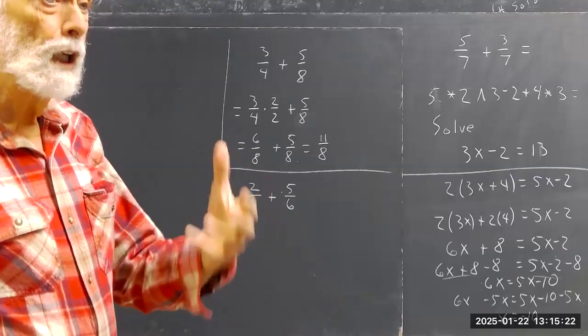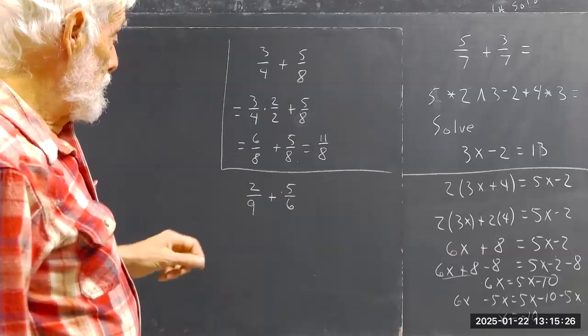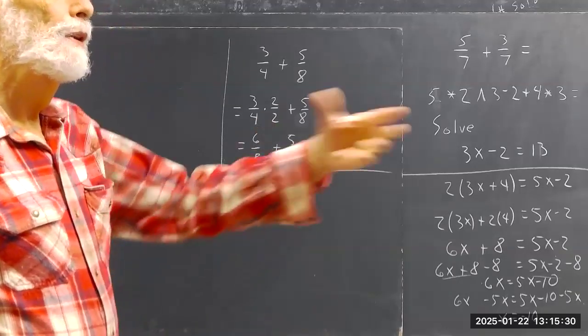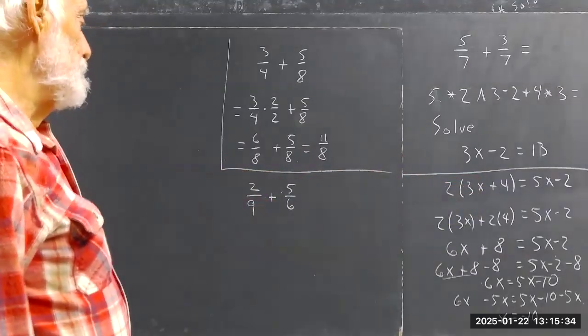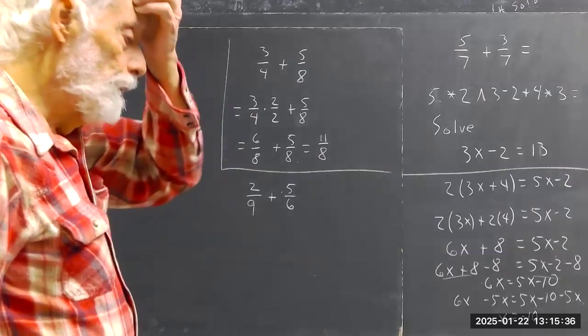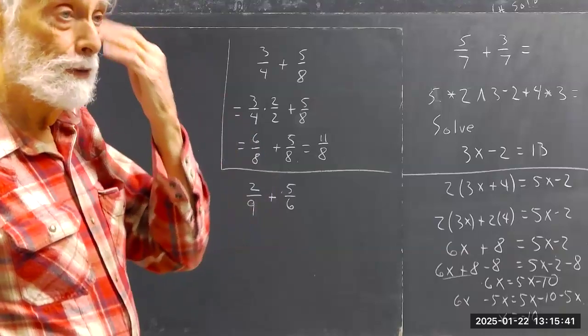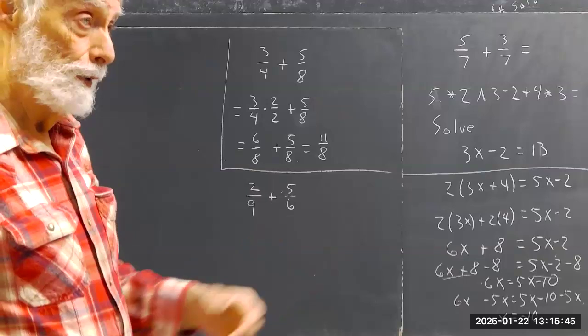So I've got to find a common denominator, right? Two numbers that I could multiply these by that would give me the same result. There are a lot of ways I can do this, and OpenMath will show you some of those ways, and I'll show you prime factorization next time because it nails it and it's not that hard to do.